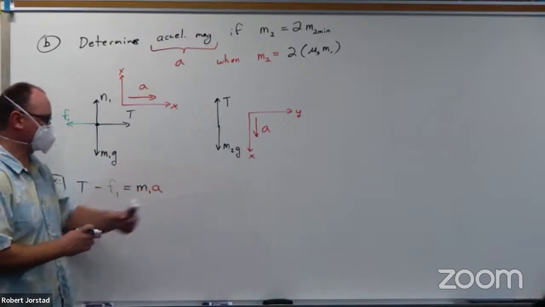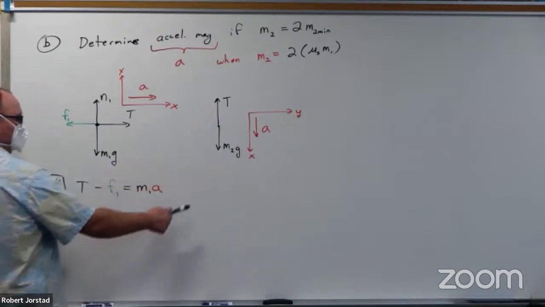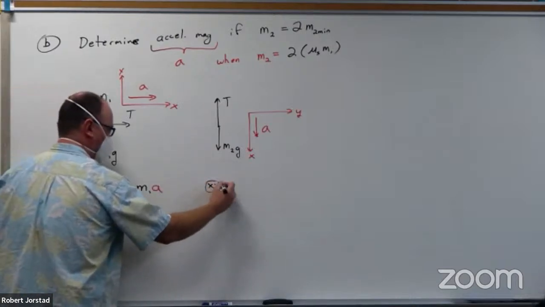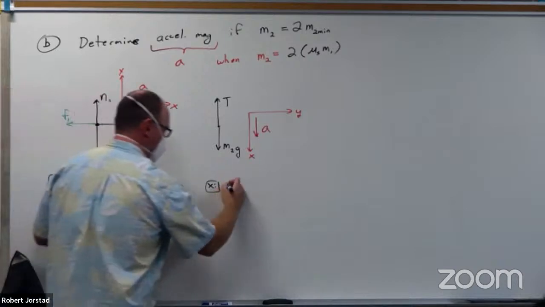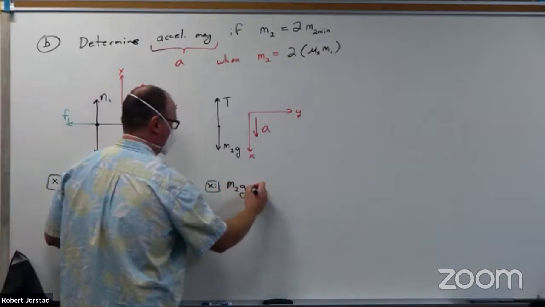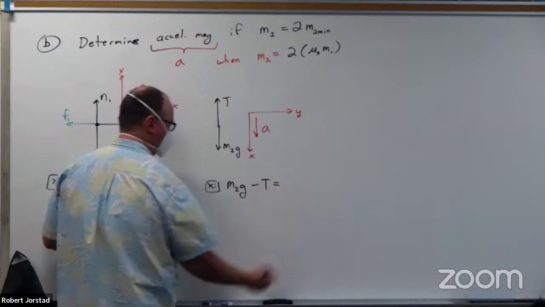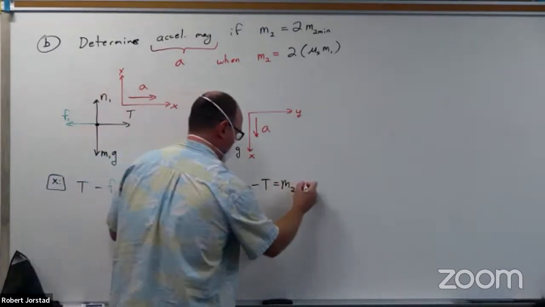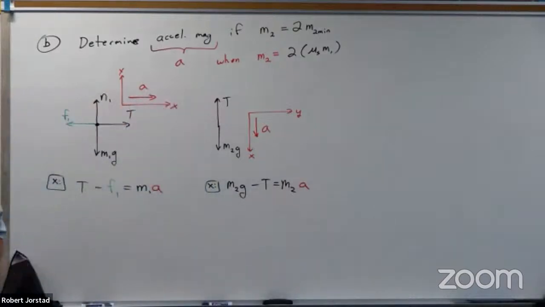What's the equation for this one? M2G minus T equals M2A. What could I do to figure out the acceleration? What's the fastest way to do it? Do you remember?